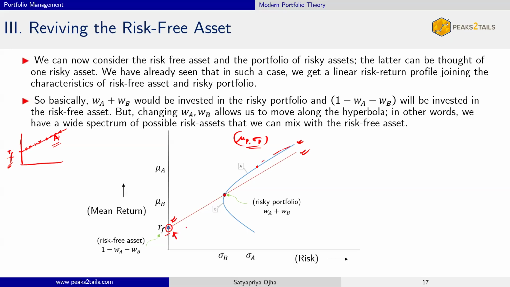Make sense? So I can choose this risky portfolio, and then if I combine the risk-free asset, I'll get a line joining these 2 points. Now tell me one thing, common sense. Which risky portfolio is the best to be combined with the risk-free asset?